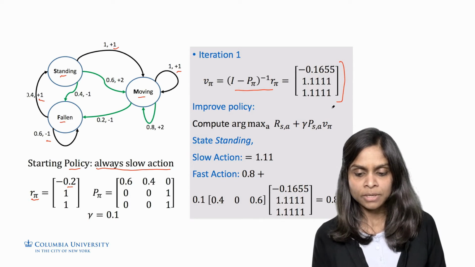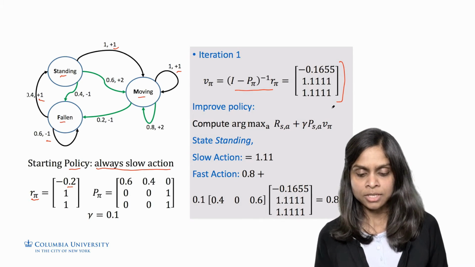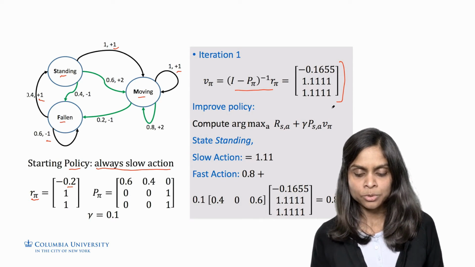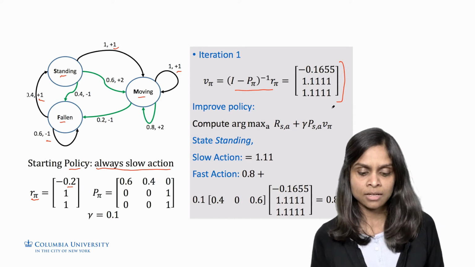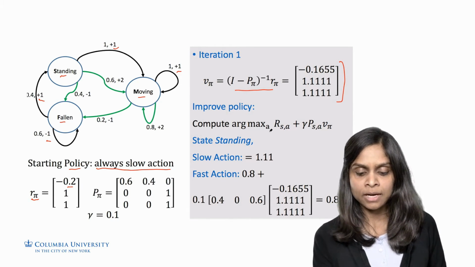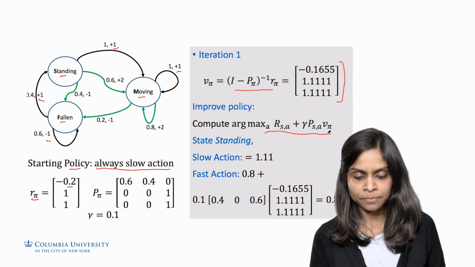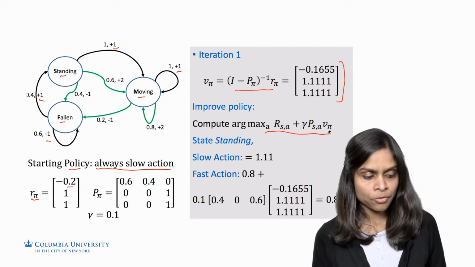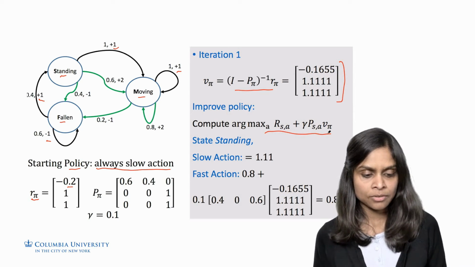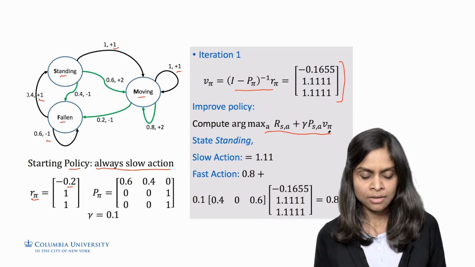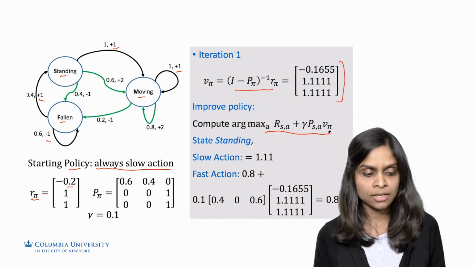Then the policy iteration method will try to improve this policy, meaning that it will try to choose some other action for every state if another action seems better according to this expression. Now for the fallen state, there is only one action available, the slow action. So let's see if we can improve the actions in standing or moving state.